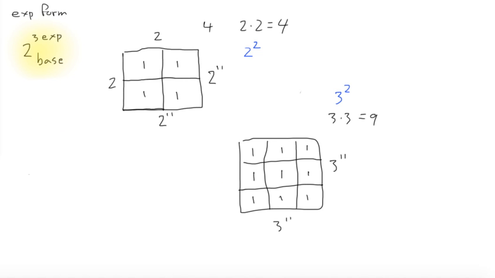So when you have a square, to find the area, it's just A equals side squared.